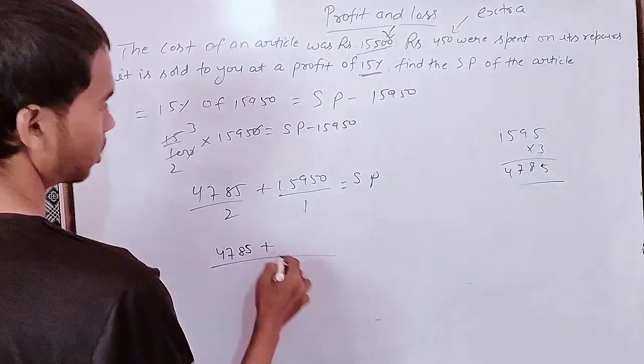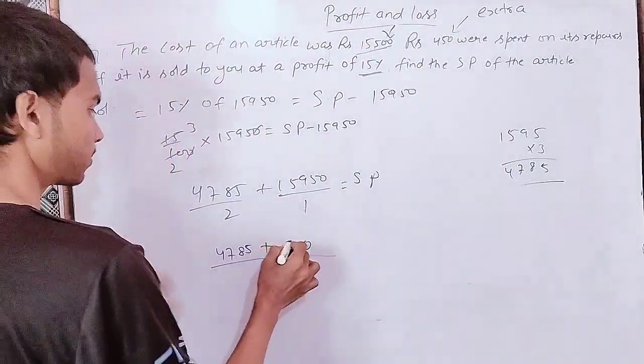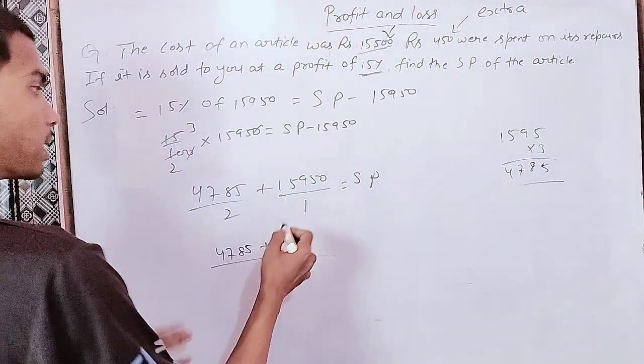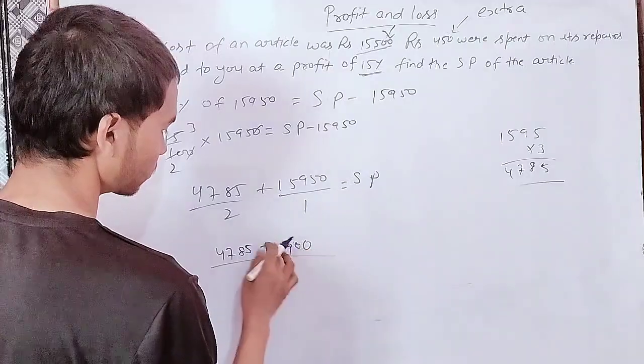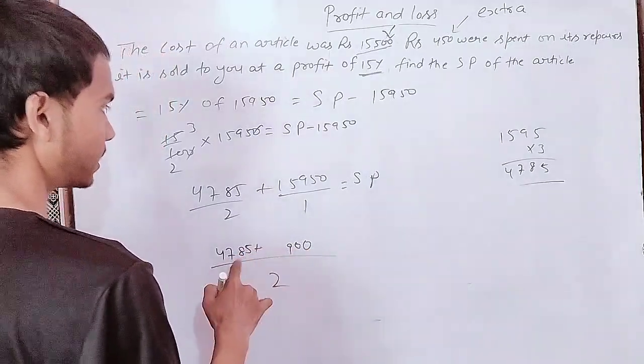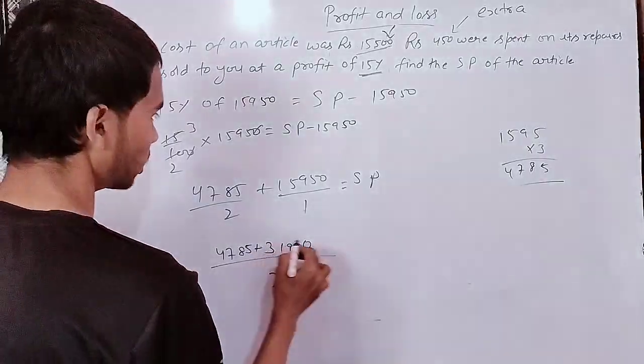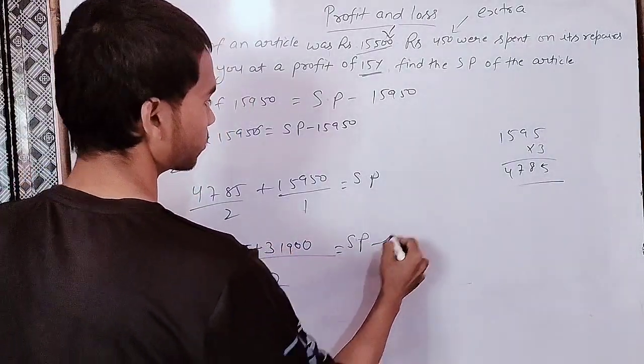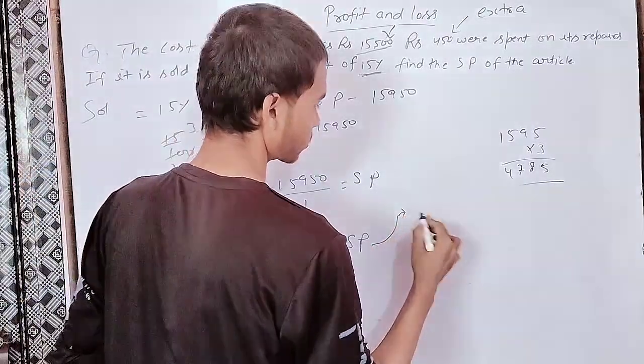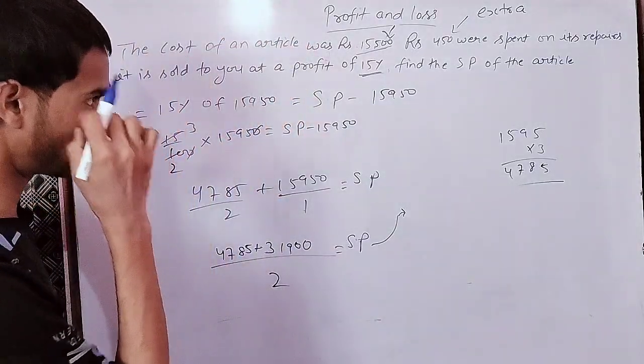Okay. Two fives are 10. Two nines are 18. Two nines are 18, and two fives are 10 again. Two ones are 2. 3. This is what? SP. Here we have how much?